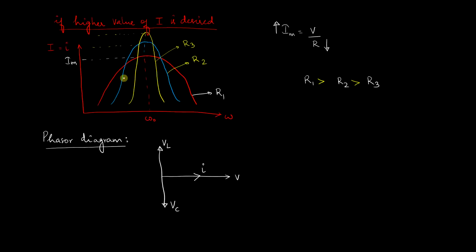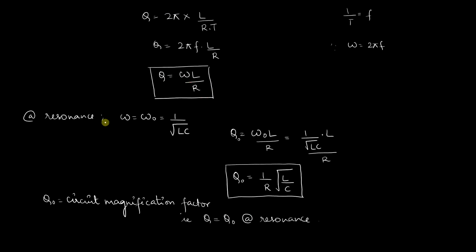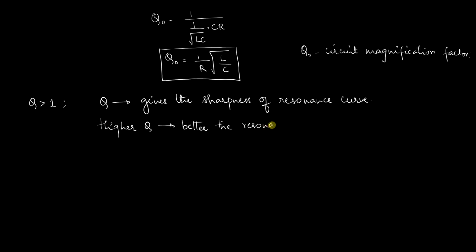So higher the quality factor, better is the frequency response. Write that point as well: better the resonance or better the frequency response curve. You can see that higher the quality factor, better is the resonance.